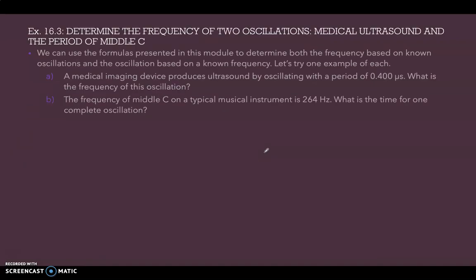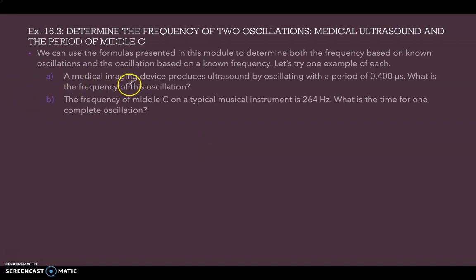So let's look at an example now. Example 16.3. We can use the formulas presented in this module to determine both the frequency based on known oscillations and the oscillation based on a known frequency. Let's try an example of each.